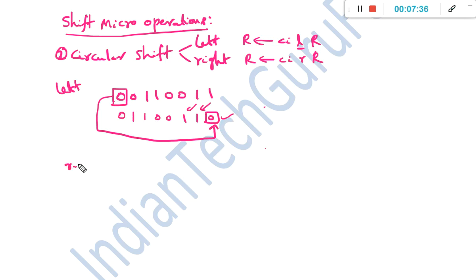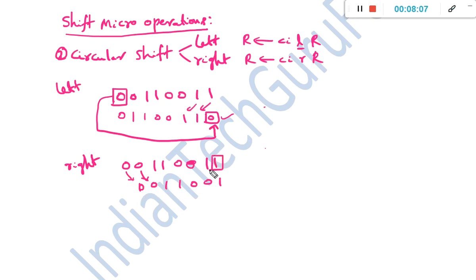Similarly, as far as the circular right shift operation is concerned, let me take the same example, 0 0 1 1 0 0 1 1. It is performed similar to the logical right shift operation. So this 0 comes here, this 0 comes here, 1 1 0 0 1.